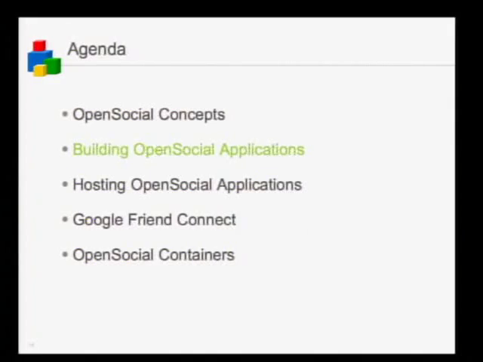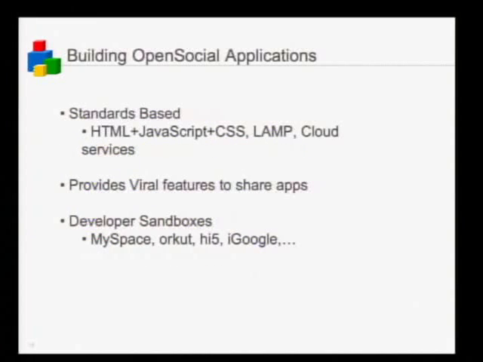Right? Now, let's talk about the technology itself. I'm going to step through how to build OpenSocial applications. As I mentioned before, building OpenSocial applications literally just means that you follow traditional or standards-based web or AJAX application development processes.